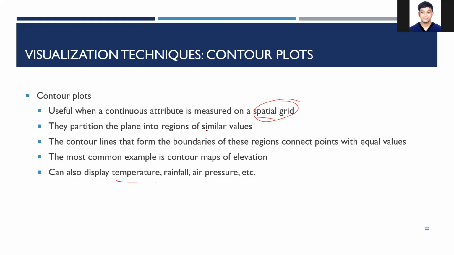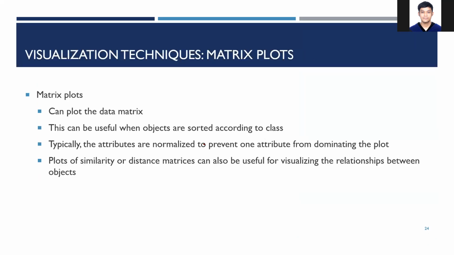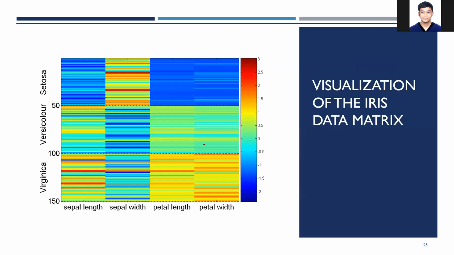We can use a contour plot if the data we have is from, for example, different locations. Okay. What else? We can have a matrix plot. This is an example of a matrix plot.